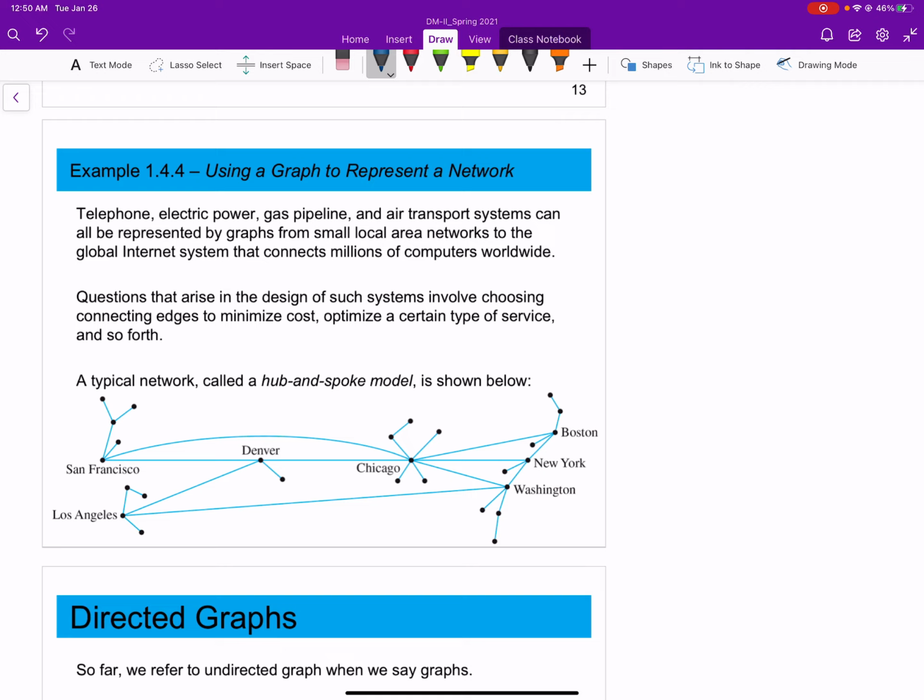There are some examples here: telephone, electric power, gas pipeline, and air transportation systems can be represented by graphs, from small local area networks to the global internet system that connects millions of computers worldwide.